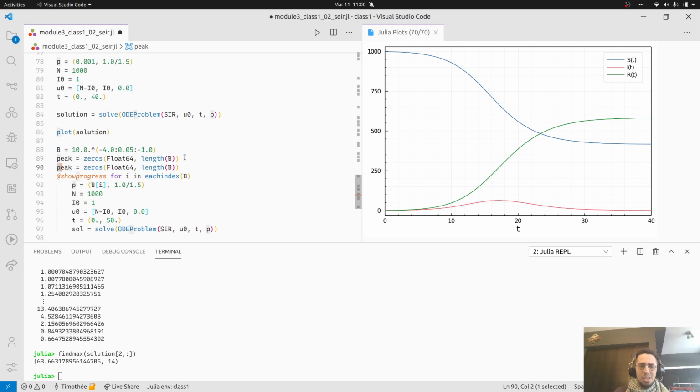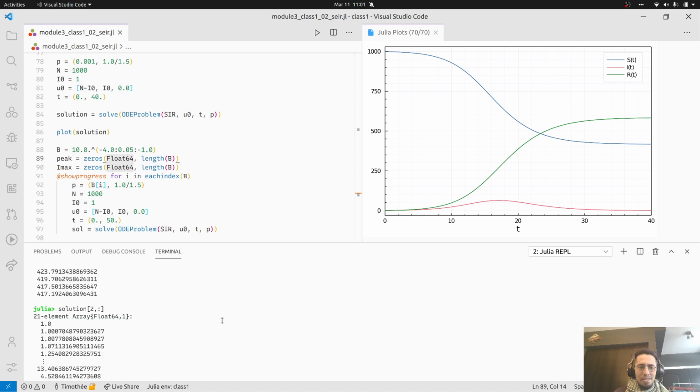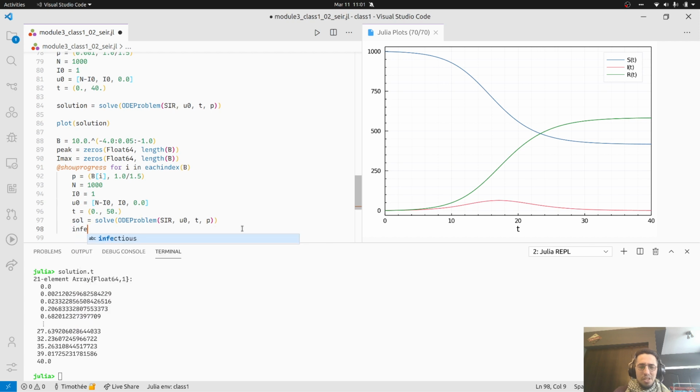And so we're going to keep track of both these quantities: Peak and Imax. Let me do a thing. So what we want, the infectious, are going to be sol2.